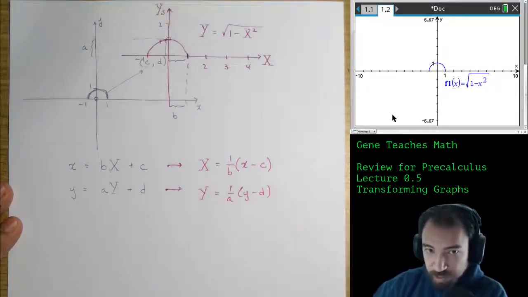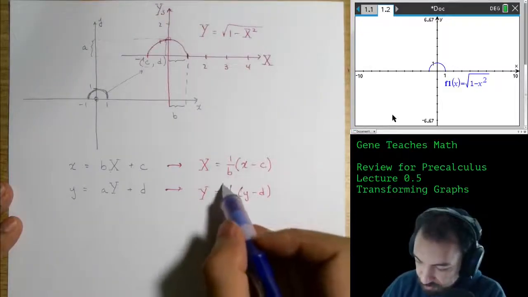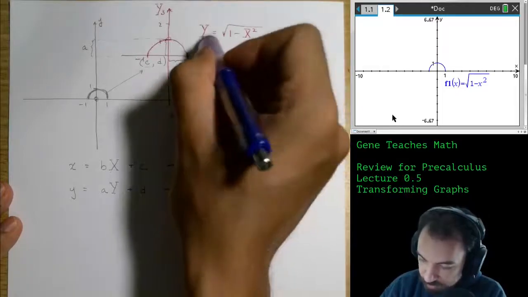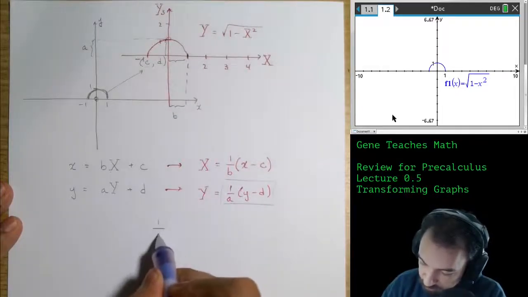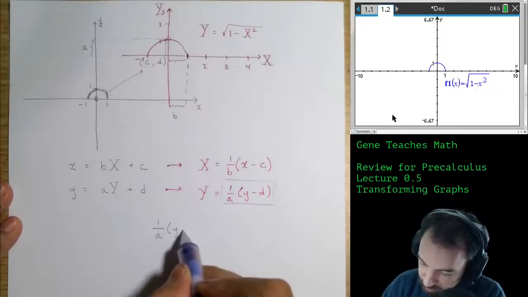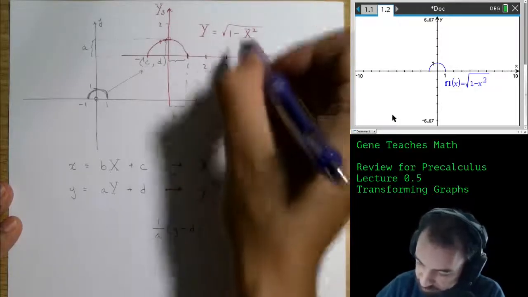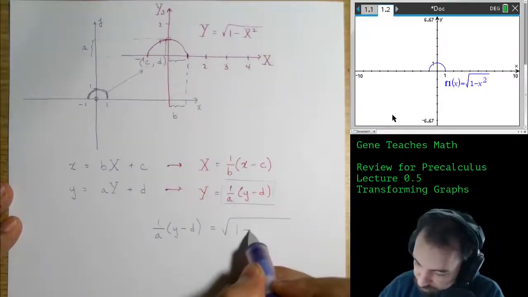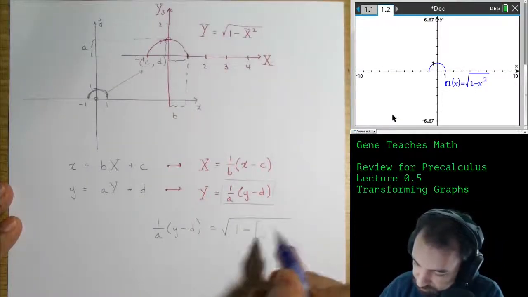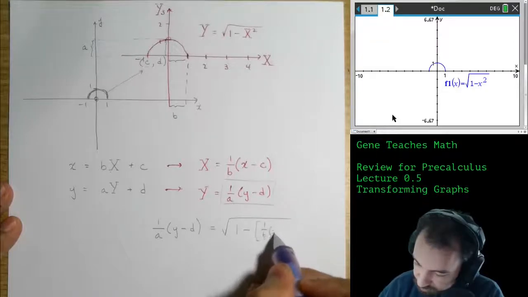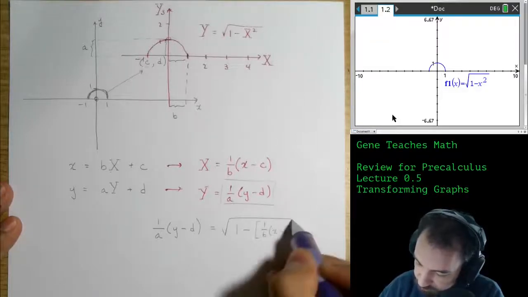And so, if I perform a substitution, this will show up there, and I will have 1 over A times Y minus D is equal to the square root of 1 minus, in parentheses, 1 over B, x minus c, all of this, right?